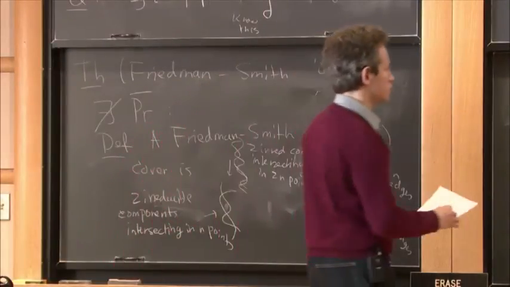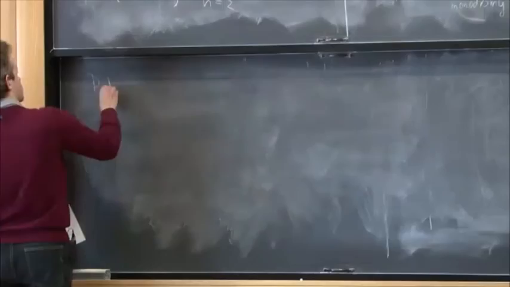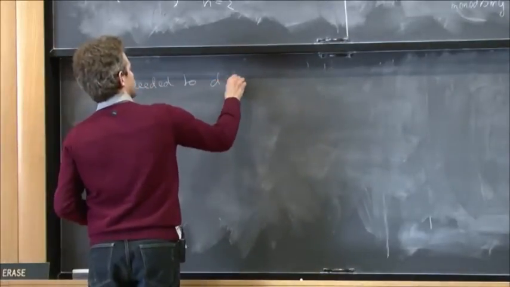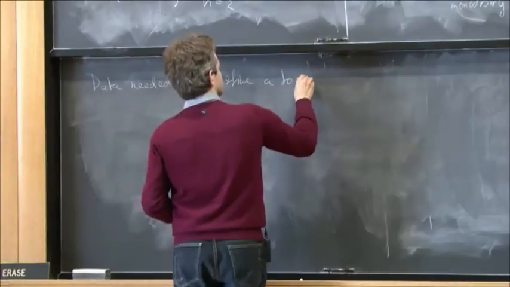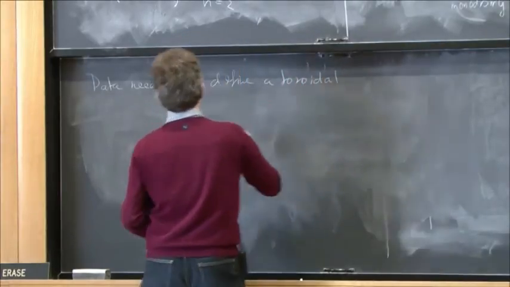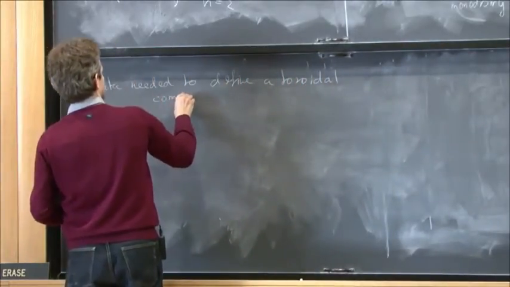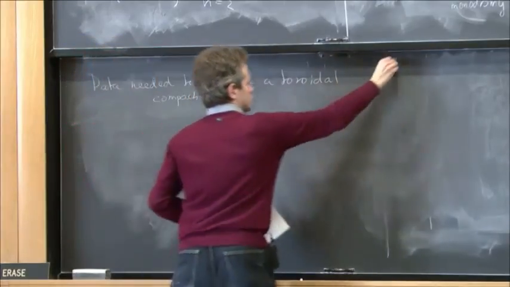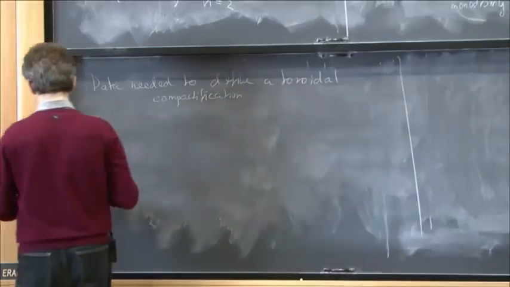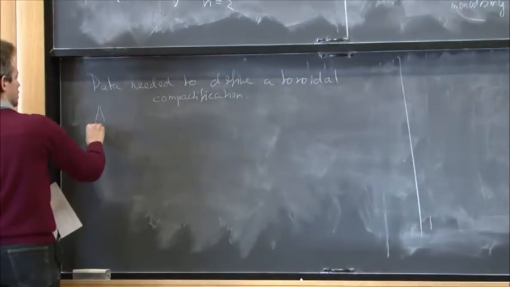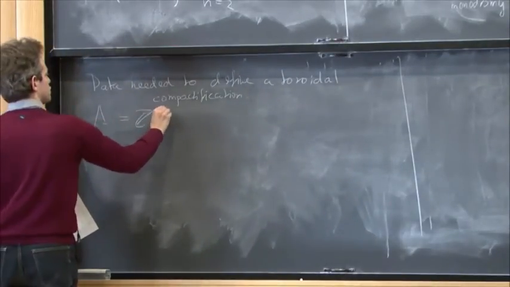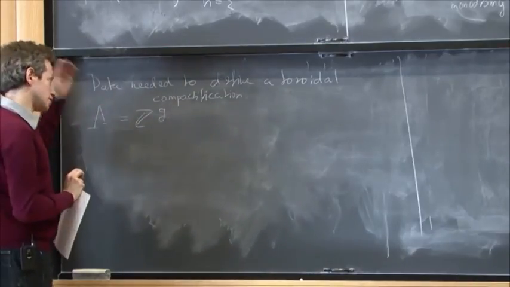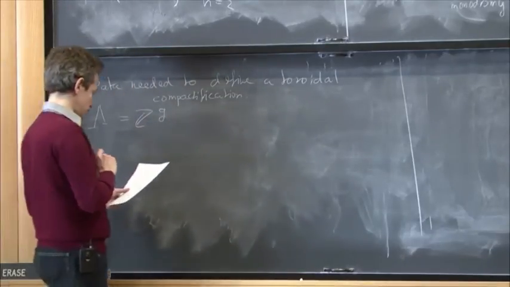Okay, so here is the data needed to define a toroidal compactification, and I will be somewhat sloppy, sorry. So we'll fix a lattice, which is Z to the g. Somehow fixing this for the g fixes for all smaller genera, so that's good enough.